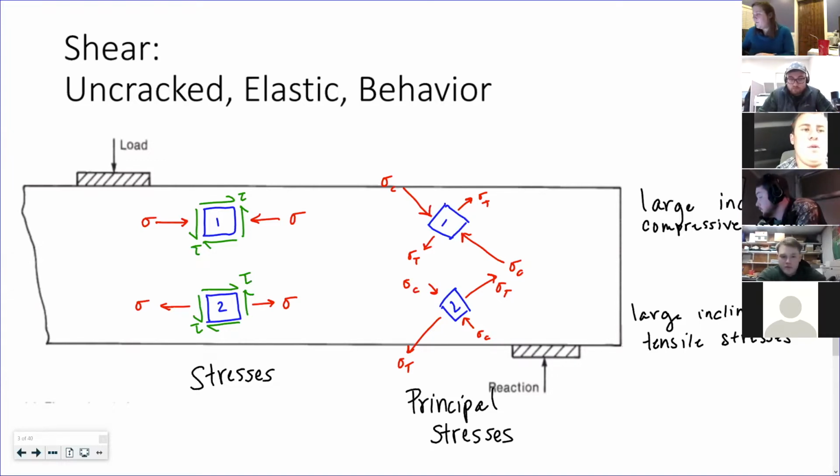Since the load's coming down on the left, why wouldn't the top one be in tension, not in compression? Because if I'm imagining that beam bend down, the top is stretching and the bottom is compressing in my mind, if we're talking about bending, right?